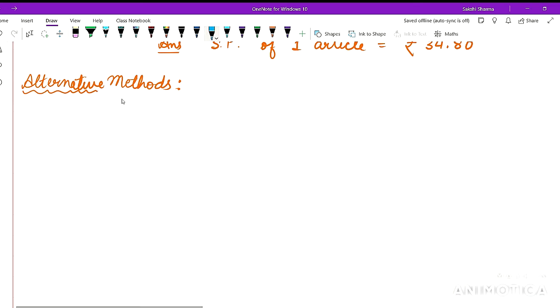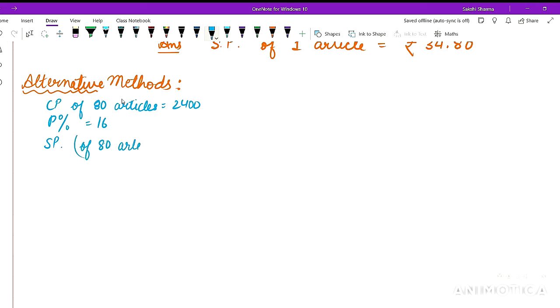So first method has just a slight change. I was given the CP of 80 articles as 2400. I was given profit percentage as 16. I can find out the SP using these two, but that SP will be of 80 articles.